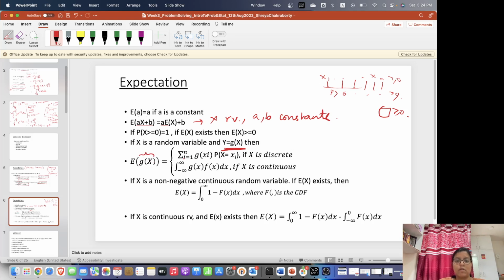So wherever we have written x into probability x equal to xi, we'll just substitute that x by gx. In case of discrete, we'll sum it over n different points, or however many we have. But for a continuous variable, we'll just integrate.